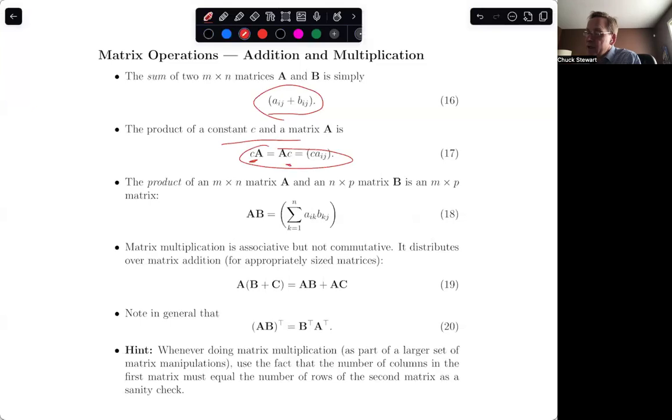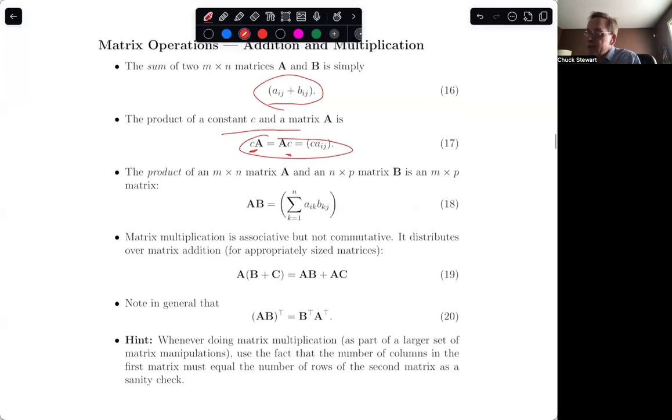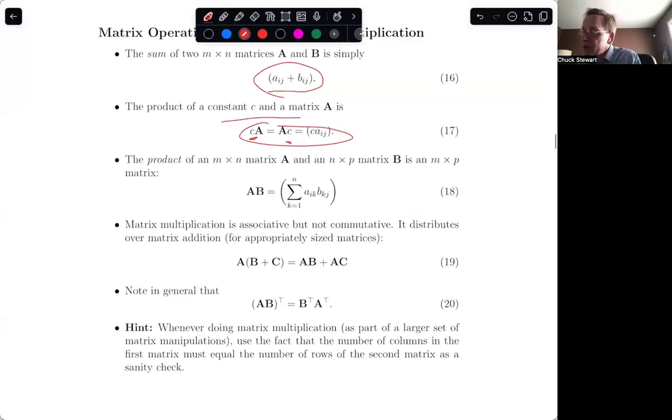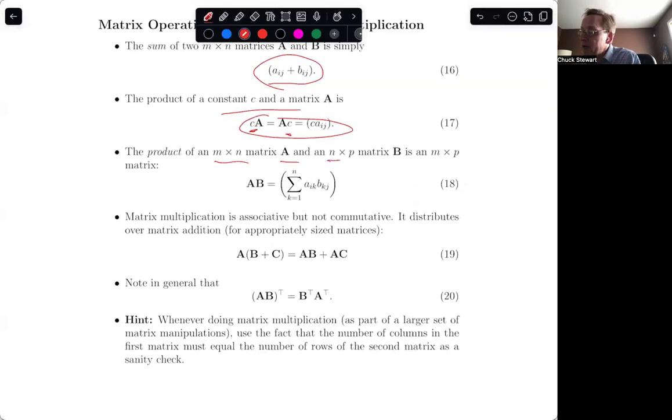And so matrix multiplication by a constant is commutative, and we will use this property. The product of an m by n matrix with an n by p matrix is an m by p matrix. So we take the first component and the last component, and the middle components have to be the same.